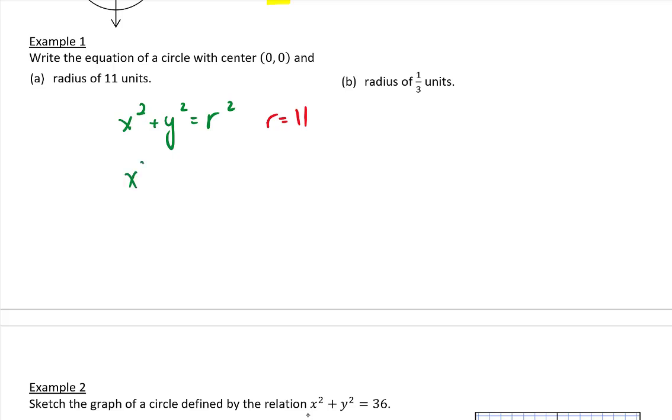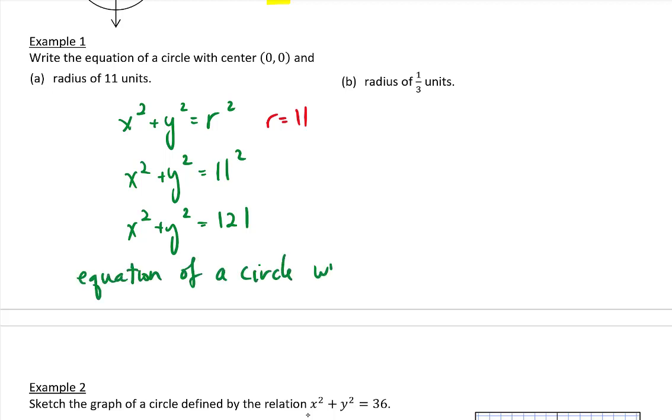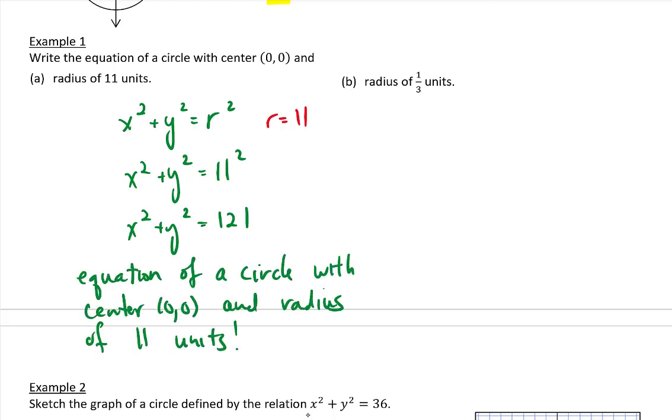So now I end up with x squared plus y squared equals 11 squared, which tells us that x squared plus y squared equals 121. So this is the equation of a circle with center 0, 0 and radius of 11. If you were to type this equation into graphing software, it would give you a circle with center 0, 0 and a radius of 11 units.